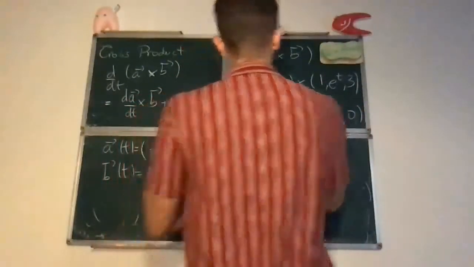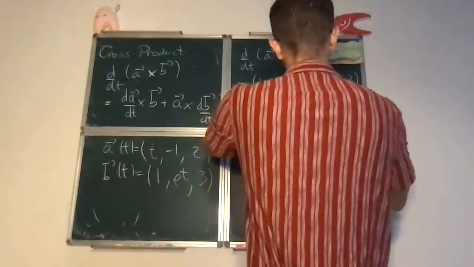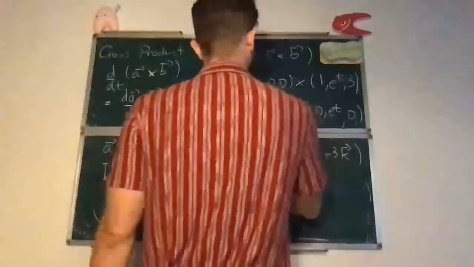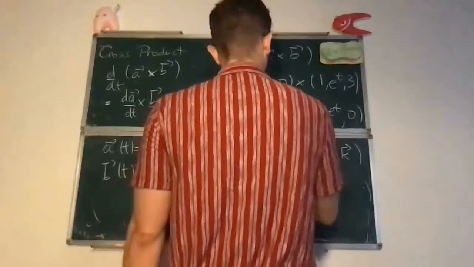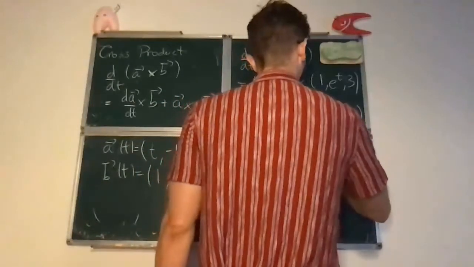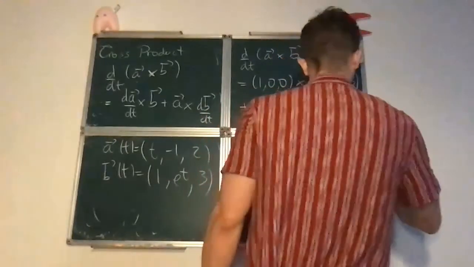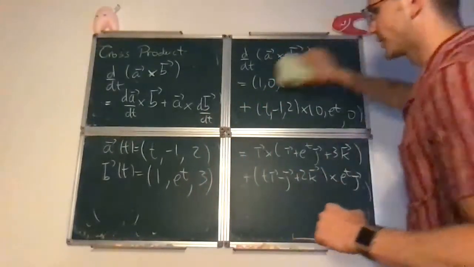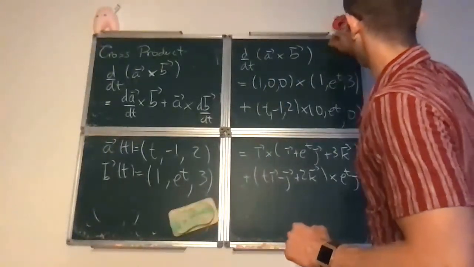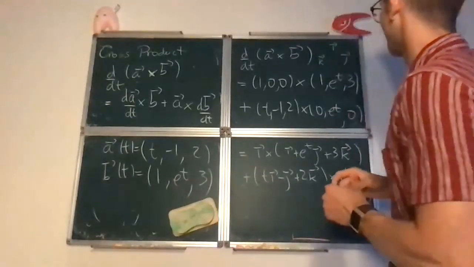So this is i cross i plus e to the t j plus 3k, plus t i minus j plus 2k cross e to the t j. Again, it's also possible to do it with the determinant formula, but it's not too complicated here.